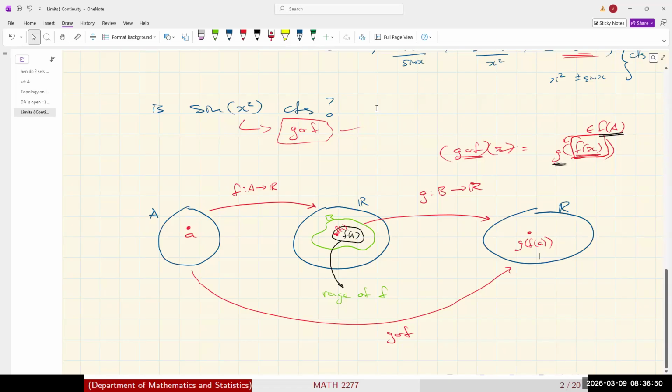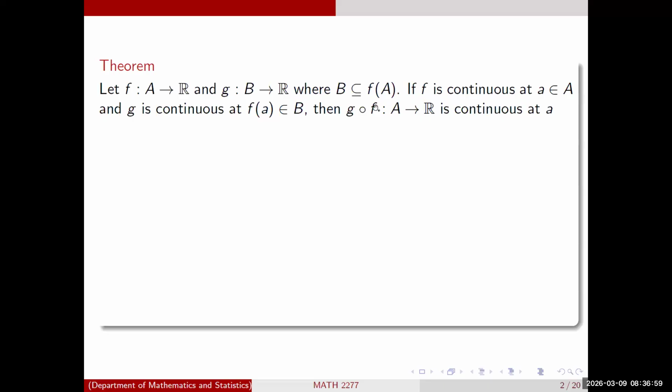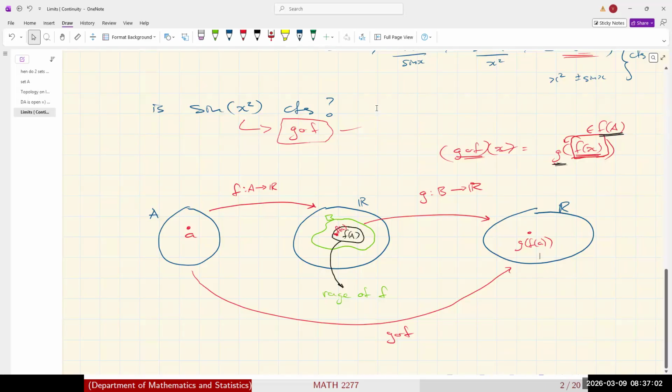I'm sorry about that. B is supposed to be in f of A. So B is the innermost one: B, and then f of A.